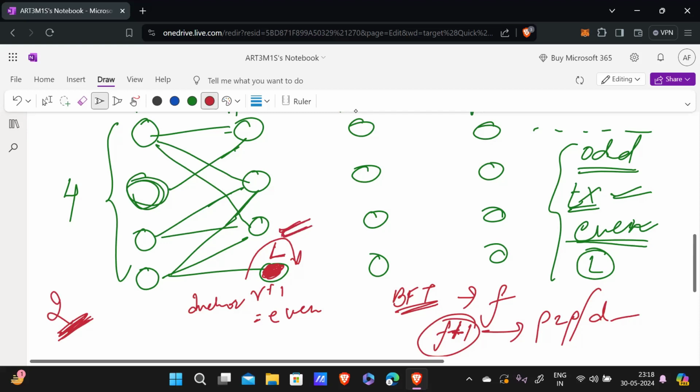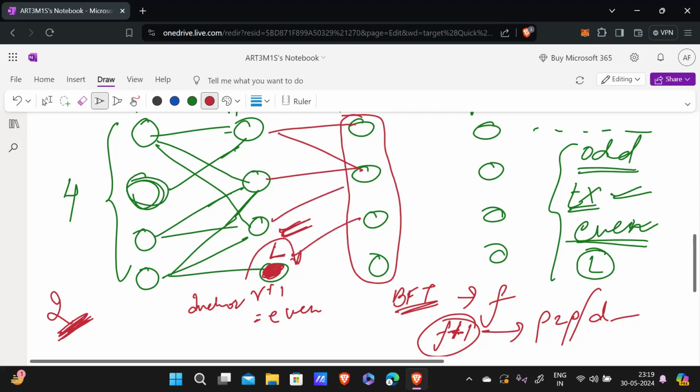So this is the odd round, and here I'll be connecting these nodes with it. Okay, so I can see that there is one node that is connected with the leader here. This node is counted as a vote.